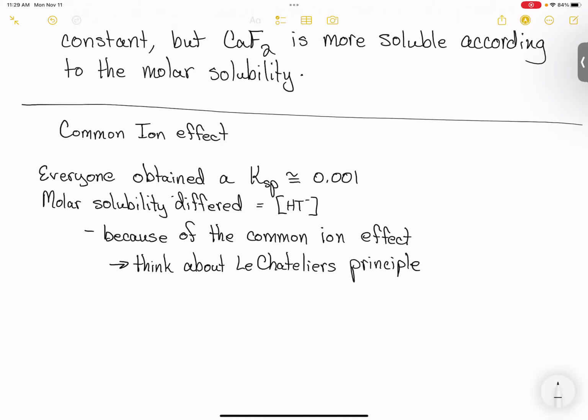If I have simply silver chloride, let's see, y'all were doing KHT. I just got to keep in mind what you were working with. You had KHT solid dissociating to form K plus HT minus.